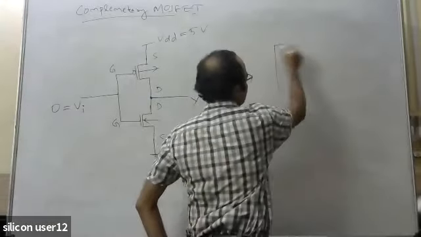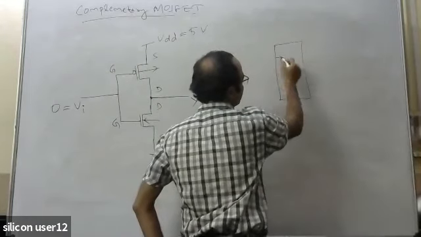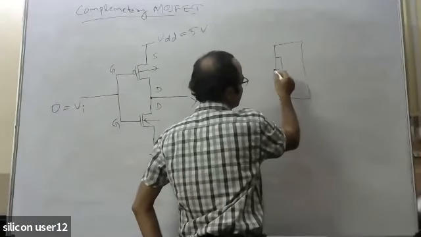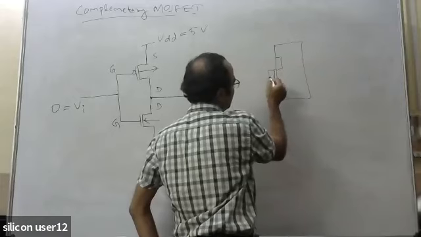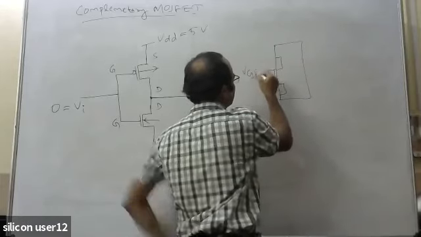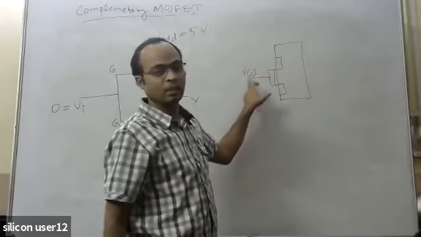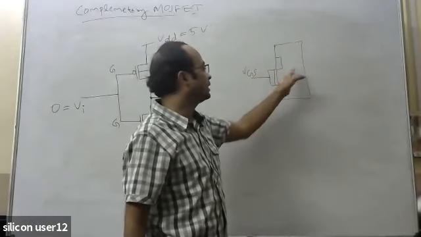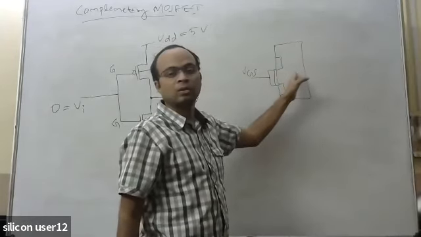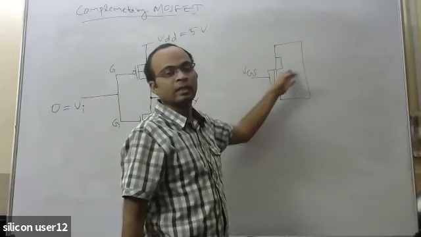I showed a PMOS on this side just now, right? Here there was no channel. I told you, if I am applying a negative gate voltage, this negative gate voltage is pushing the electrons, or pulling the holes.